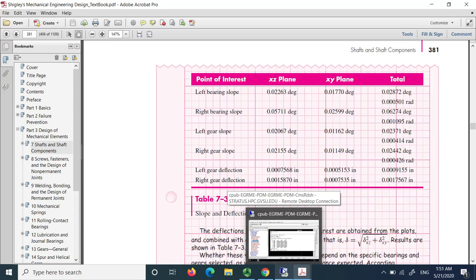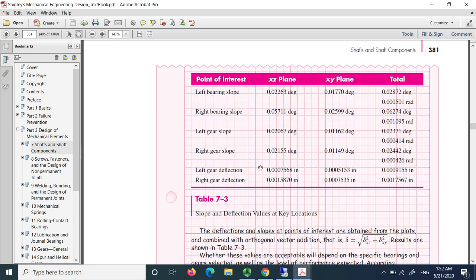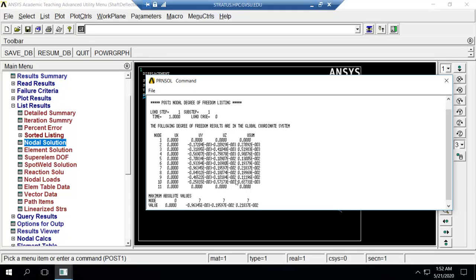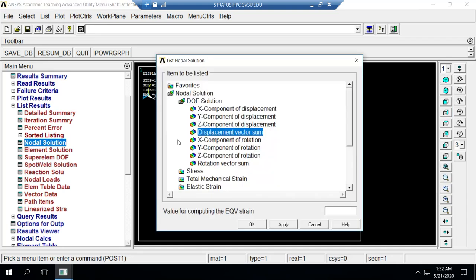Now let's look at the slopes for the bearings, starting with the left bearing, which is my node 1. You see that the book has 0.00035, and let's see what I have there. We are looking at the deflections right now, so I come here to the rotation vector sum.